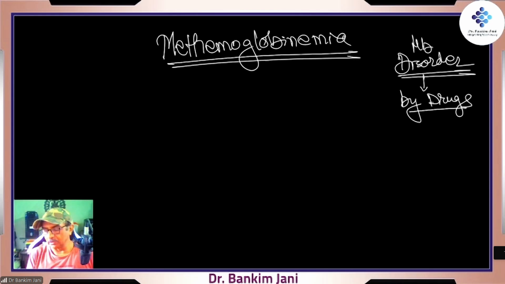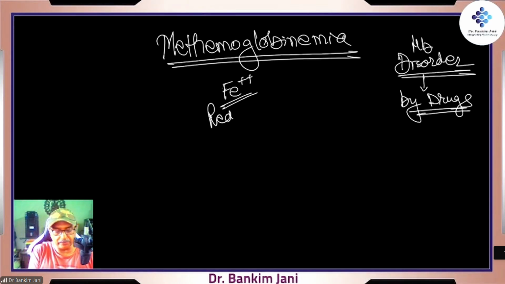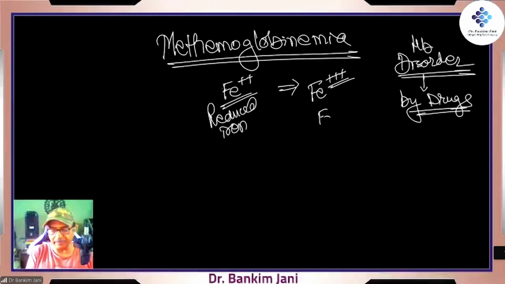Specific drugs. What they do is this: normally, iron is in the reduced form, Fe2+. Instead of this Fe2+, it becomes Fe3+. So this Fe2 is replaced by Fe3.